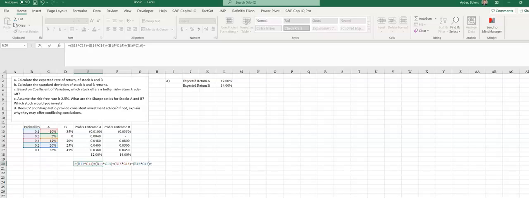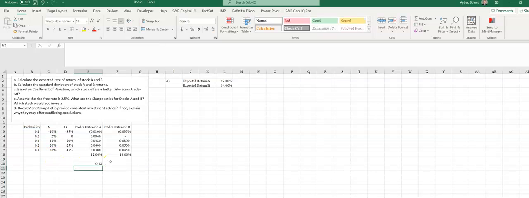And finally, we are going to pick up the fifth probability and multiply that with the fifth outcome. So if I just hit enter, that is going to give me the same result that I got in here.